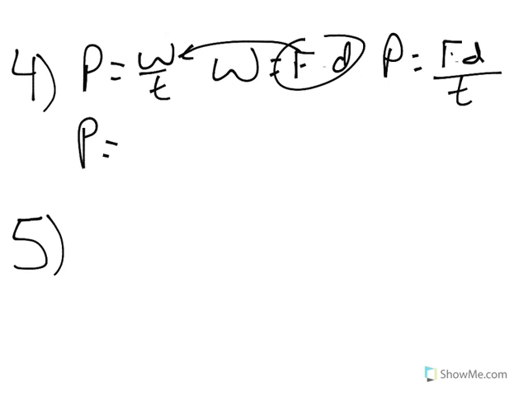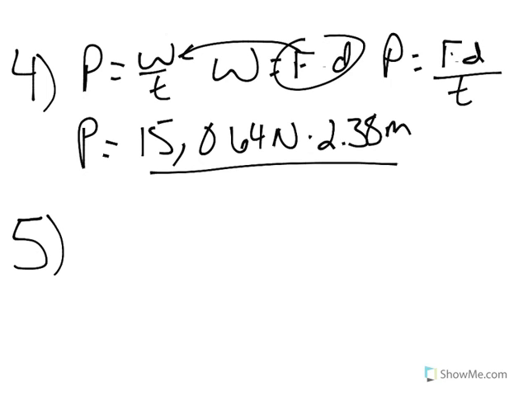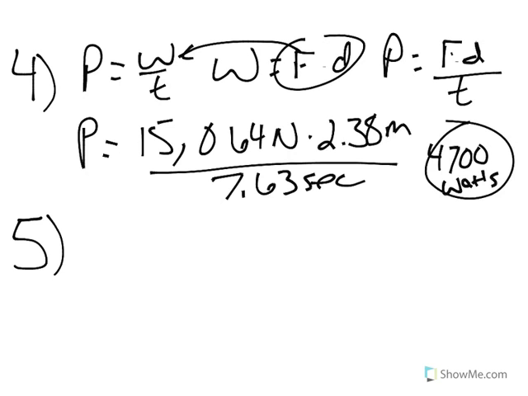So power is equal to 15,064 newtons times 2.38 meters divided by 7.63 seconds. And that's equal to the power output, and that number should be 4,700 watts. Now I rounded that somewhere around there.